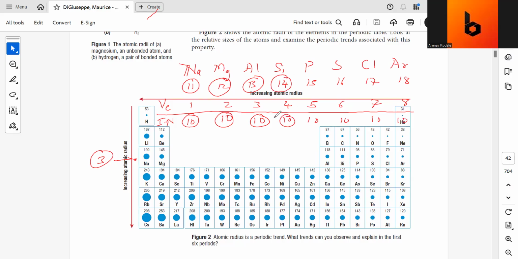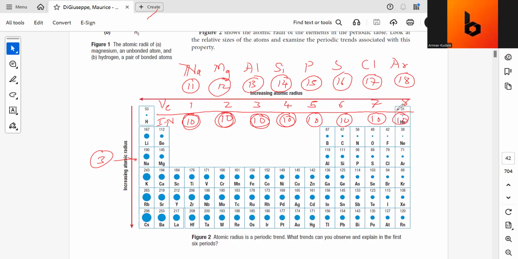So what is happening as you go from left to right in the periodic table? The central force is increasing. What is central force? Attractive force. As you go left to right, the attractive force is increasing, but the shielding force is remaining constant. Because the shielding force is remaining constant, the electrons are coming closer to the nucleus, and hence the size is decreasing gradually.